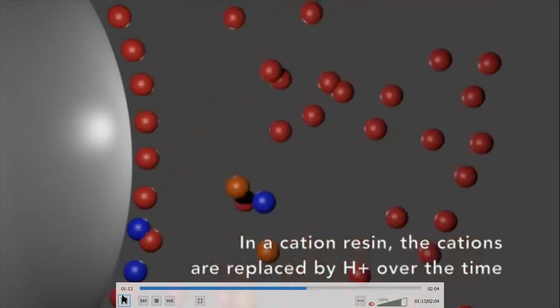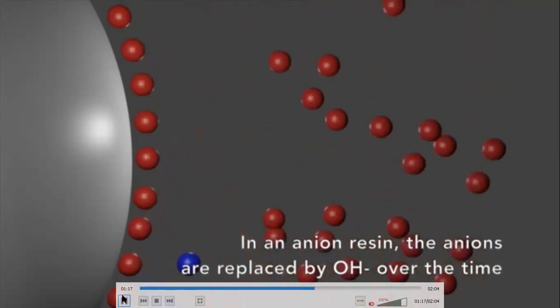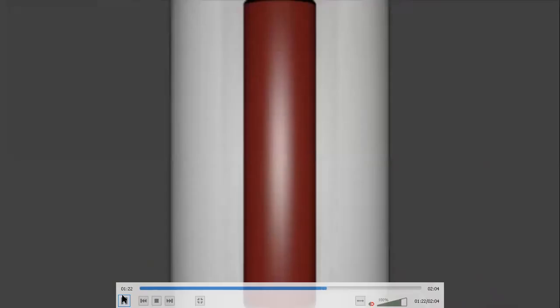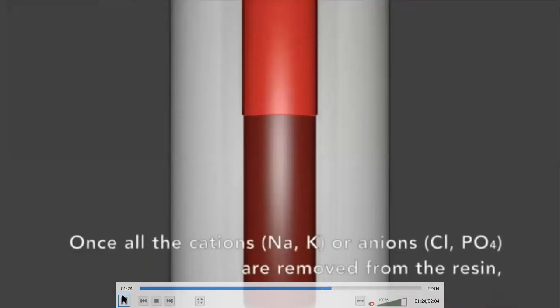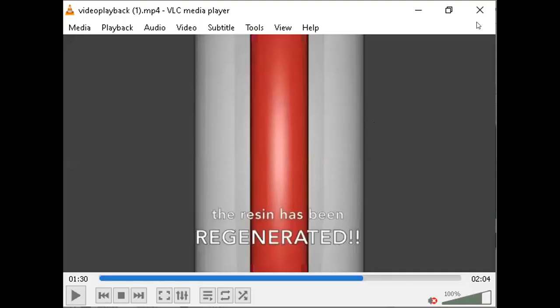So this is what happens over there. They are being replaced, and in the anion resin, the anions are replaced by OH negative. Once all the cations and the anions are removed from the resin, the resin gets regenerated again, and then we can use it again for this ion exchange process to make water free from anions and cations.